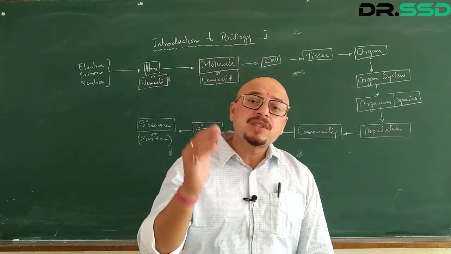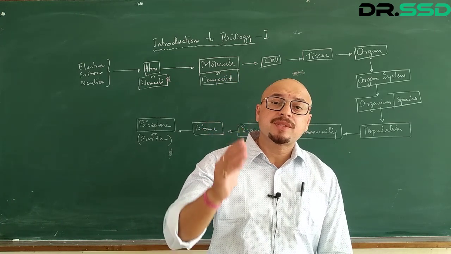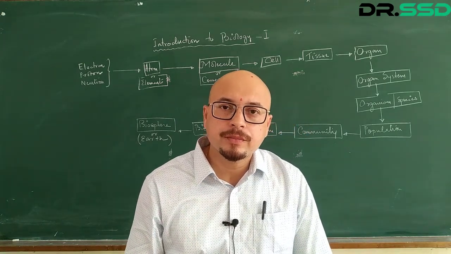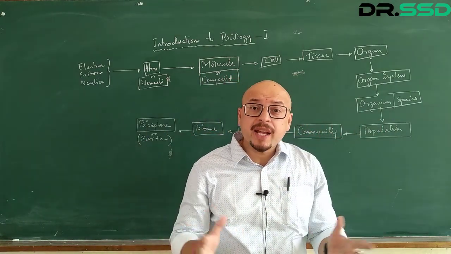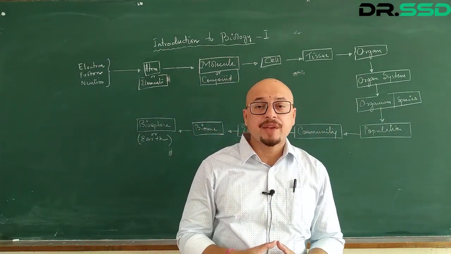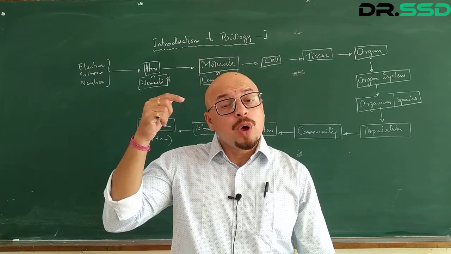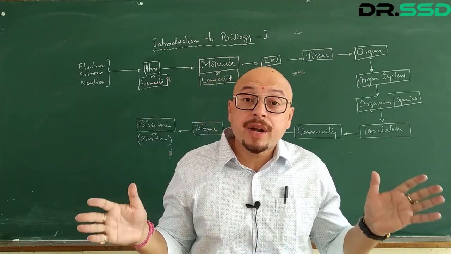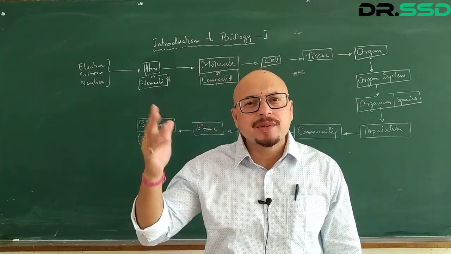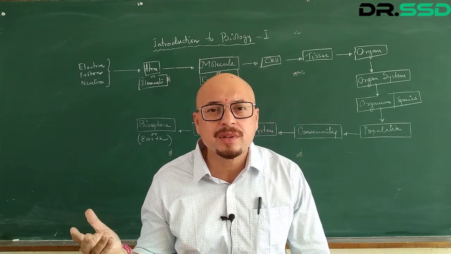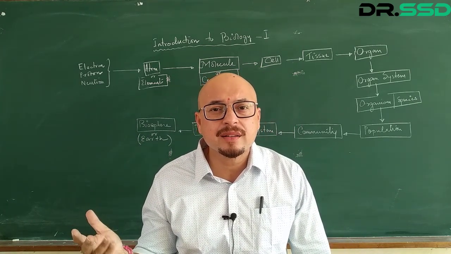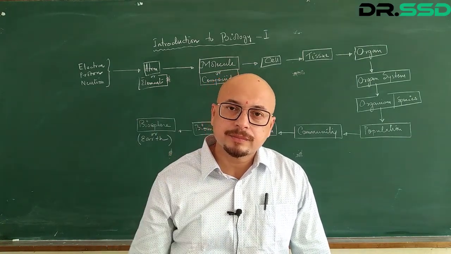Each and every organ has a specific function to perform. And when many organs are put together, they form an organ system. Within a human body, there are different types of organ systems like the digestive system, circulatory system, excretory system, nervous system, and reproductive system. All systems put together form an organism.